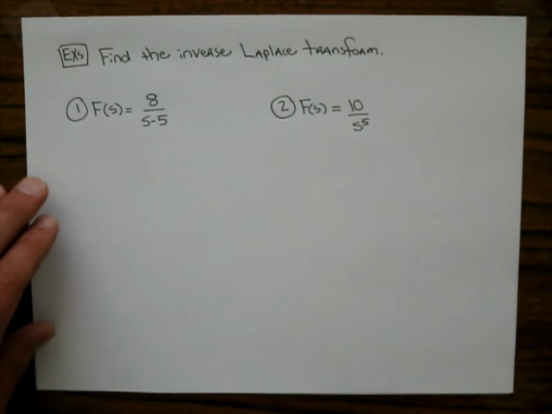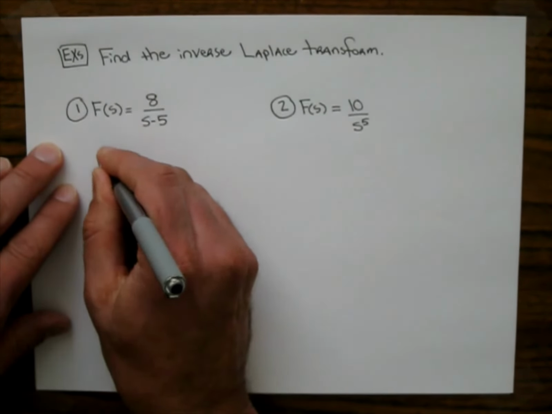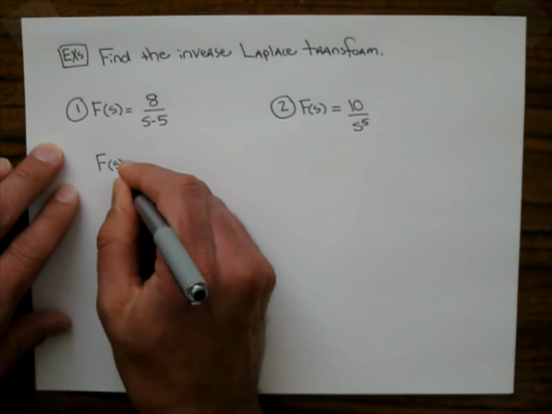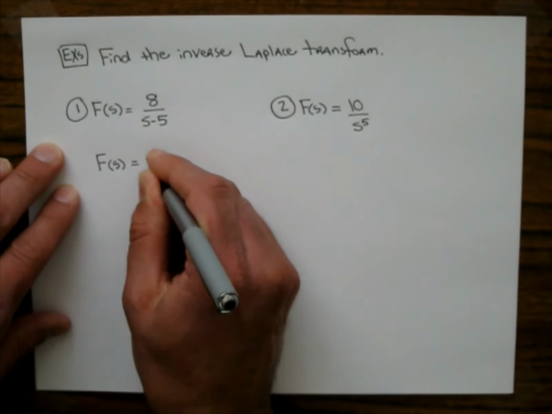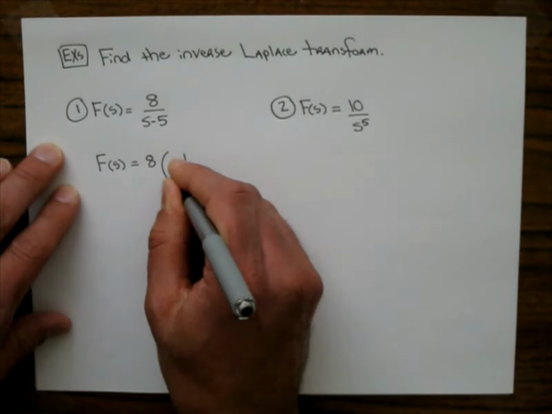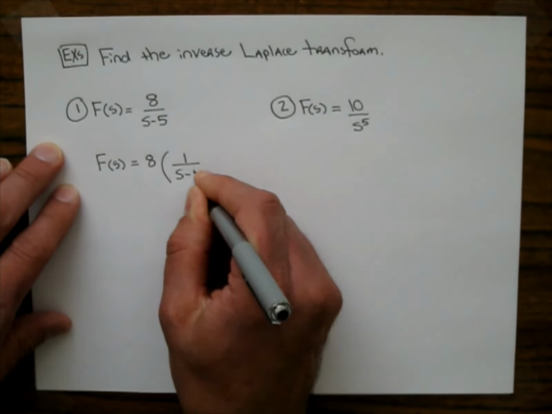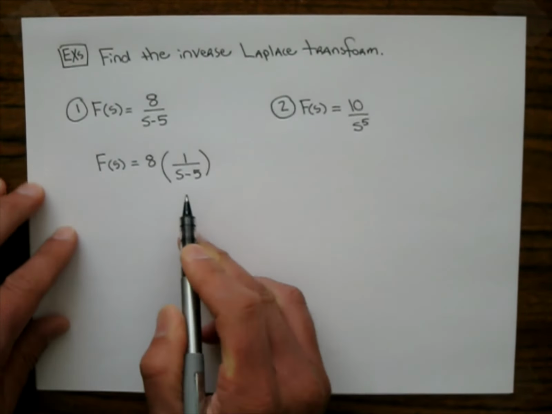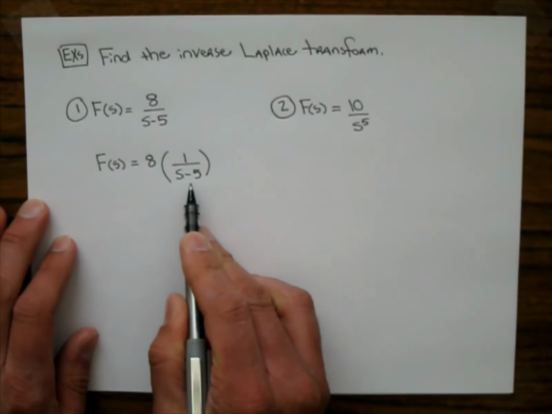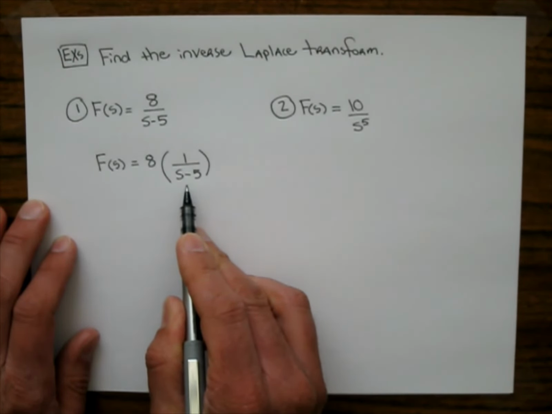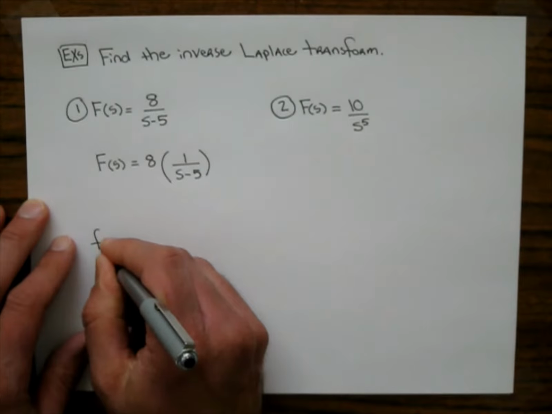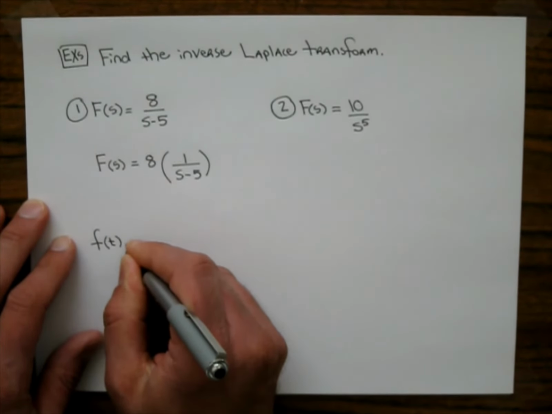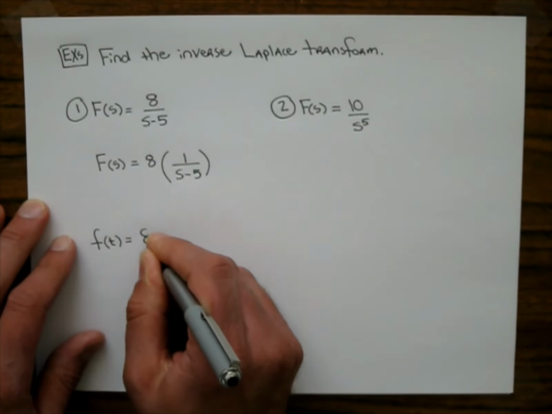So what I'm going to do, and a lot of you don't need to do this after you do a few of these, is I'm going to go ahead and put the 8 out front. And so now this fits the mold. We are ready to send this creature back to the land of t. And so here it goes. F of t is 8.